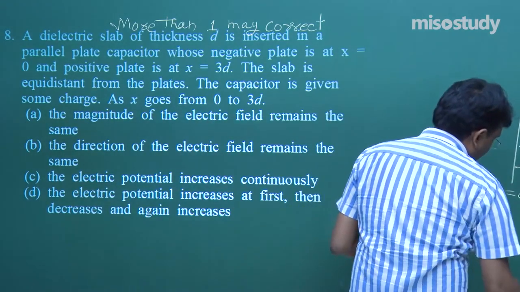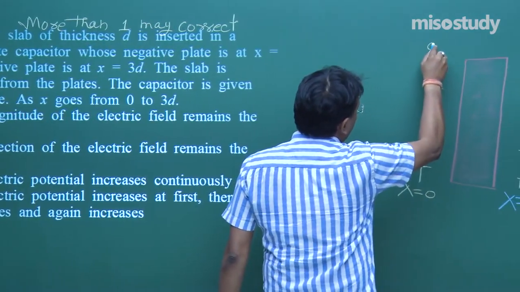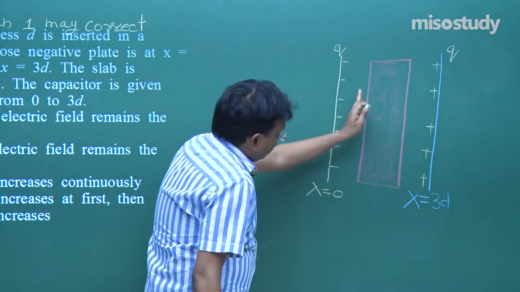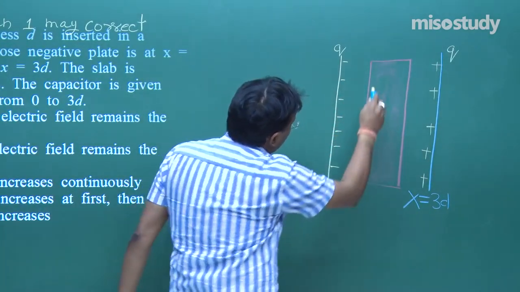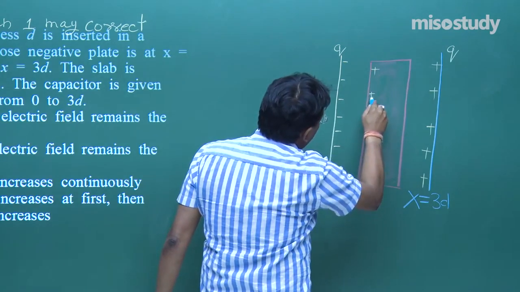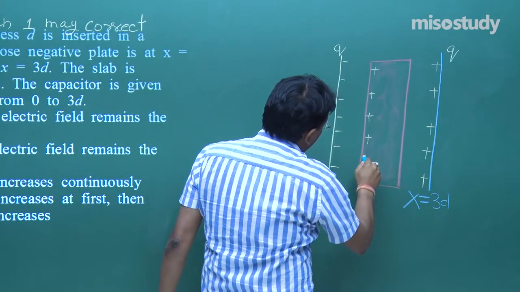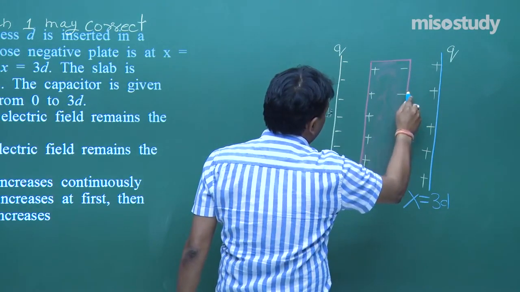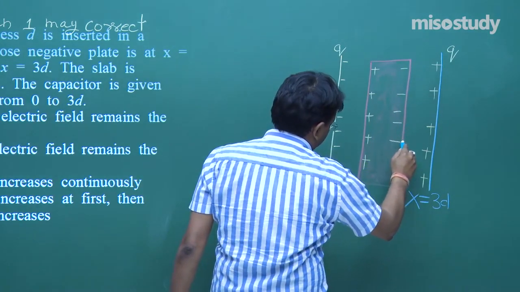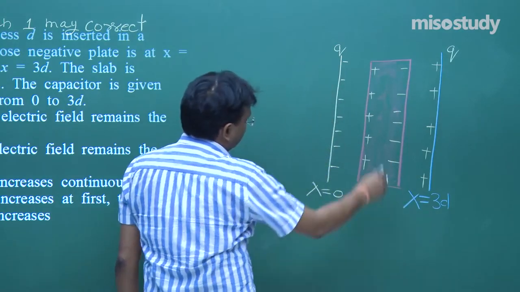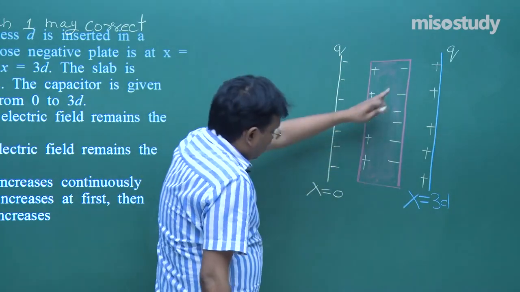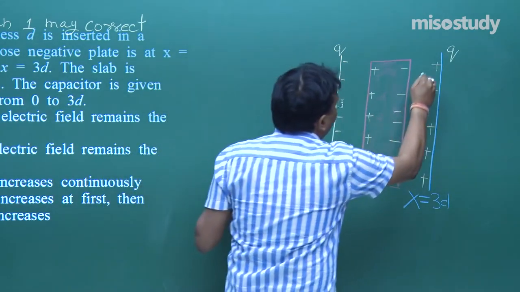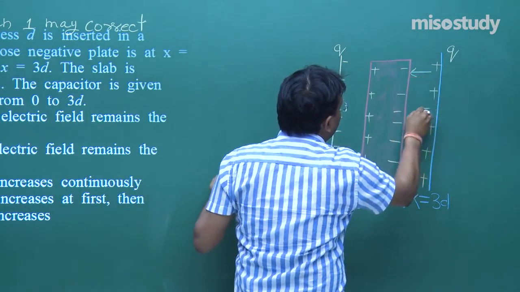Let us start the analysis over here. So, it is Q, it is also Q, no problem. Now, what will happen? Induction effect will take place over here. So it is positive, positive, positive, positive, positive, negative, negative, negative. Now, the electric field outside is going to be in this fashion.